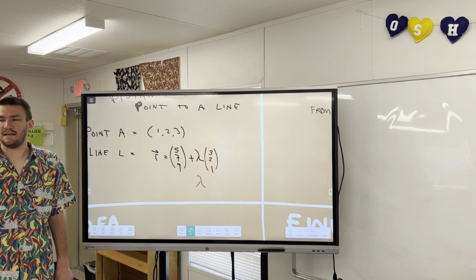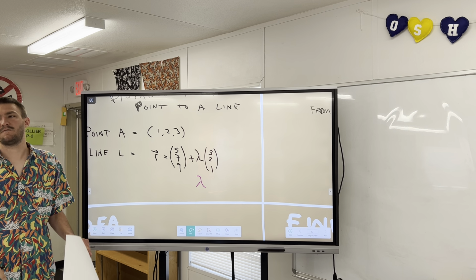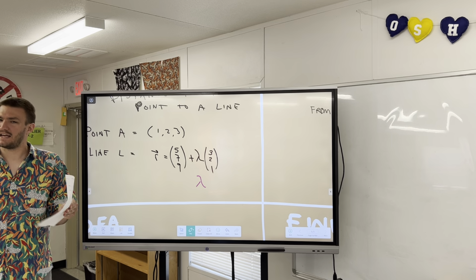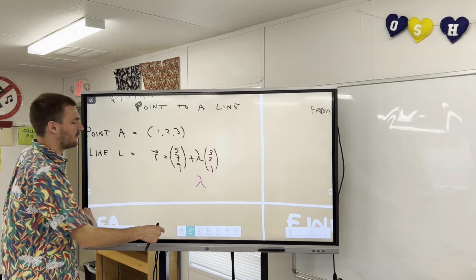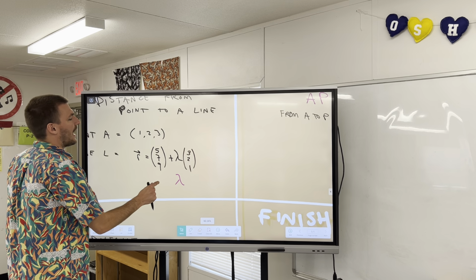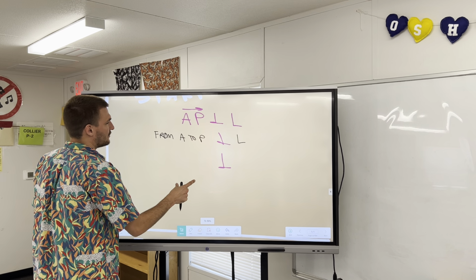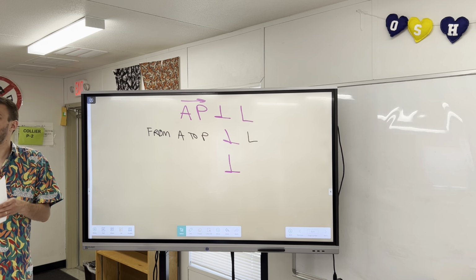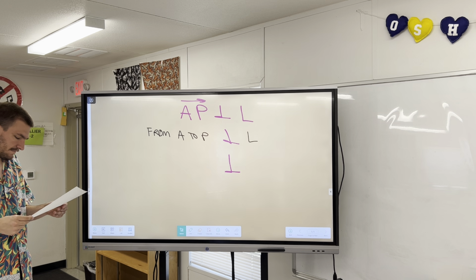And if we want to find P, we have a new goal, to find the lambda of P. If we find the lambda of P, then we can actually find what we're looking for, which is P. So we don't know lambda yet, which means we can't really figure out P yet. We have to do a little bit of math to find lambda, to find P.